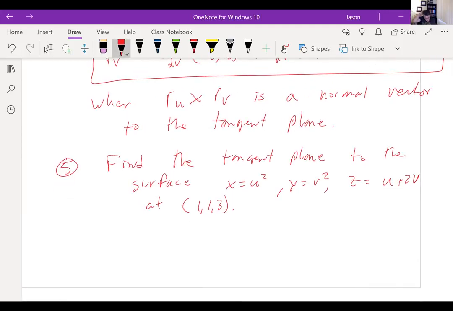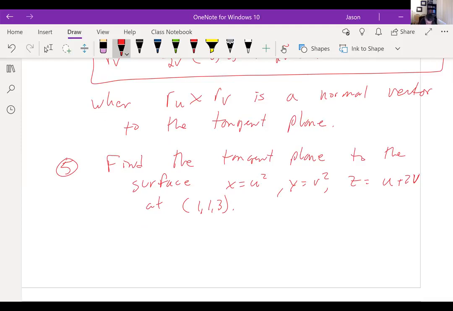So find the tangent plane to the surface of this parametric equation. So this is some surface in parametric form, using u's and v's.